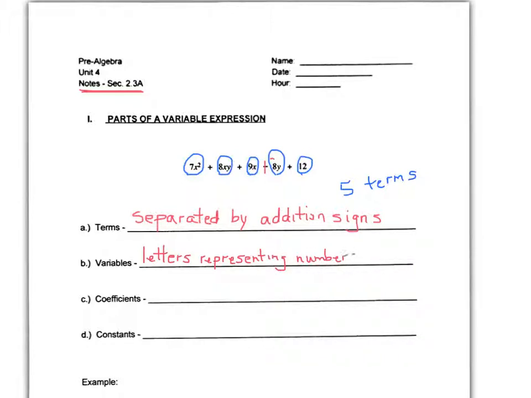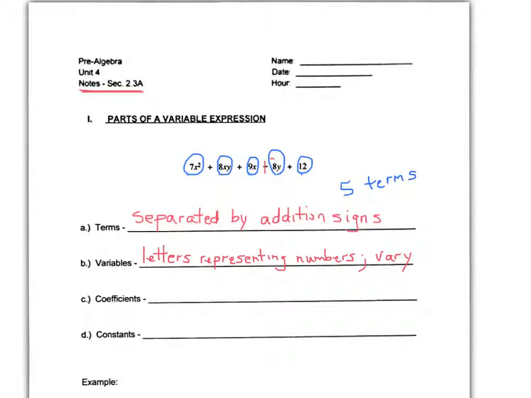And they're called variables because they can change. They can vary. Sometimes x is 7. Sometimes it's 10. Sometimes it's -2. It varies. That's why they're called variables. They can change.